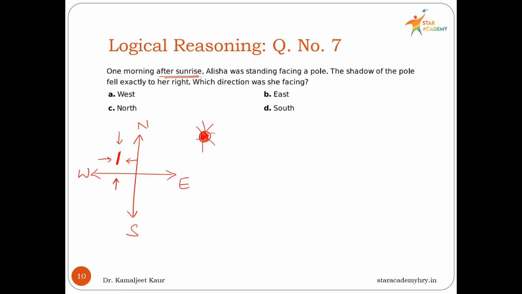She is facing towards the pole. The shadow of the pole fell exactly to her right. So if Alicia is standing here, definitely the shadow of the pole would be on the west, and this is on the right of Alicia.